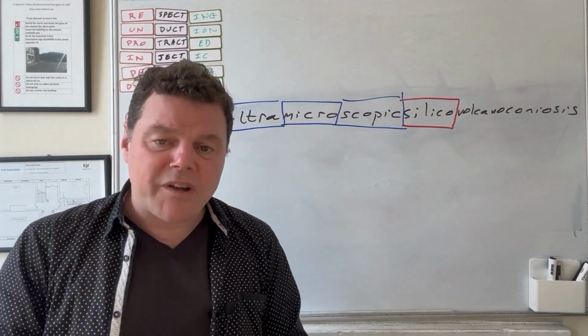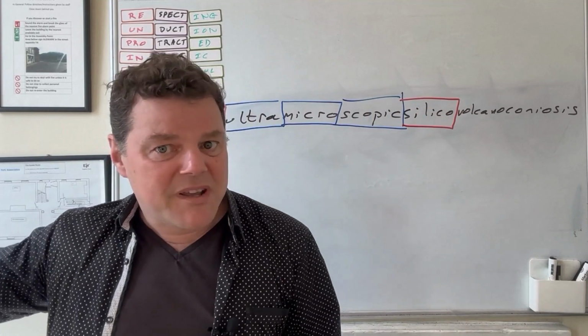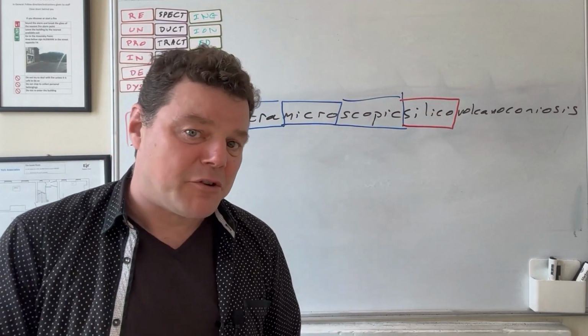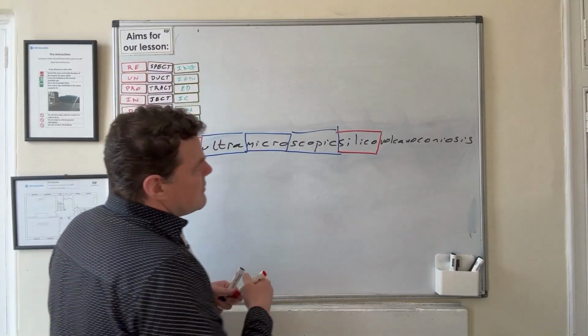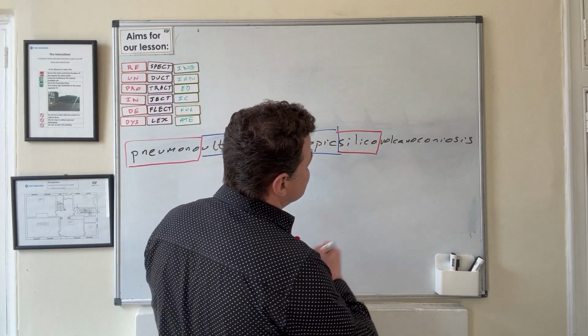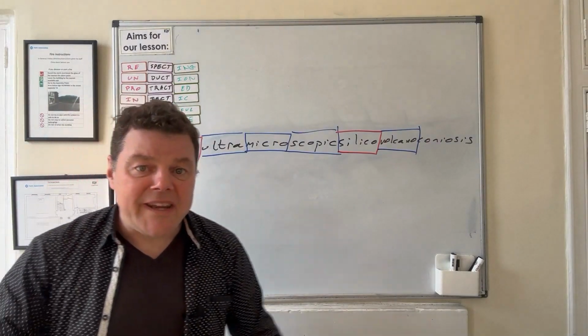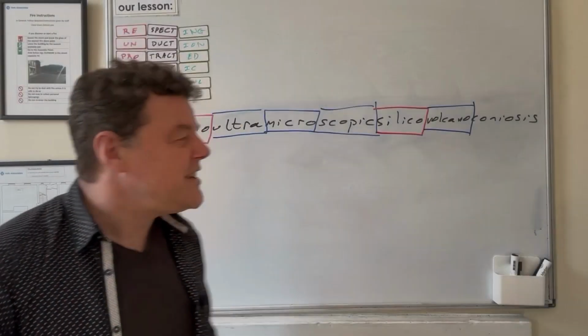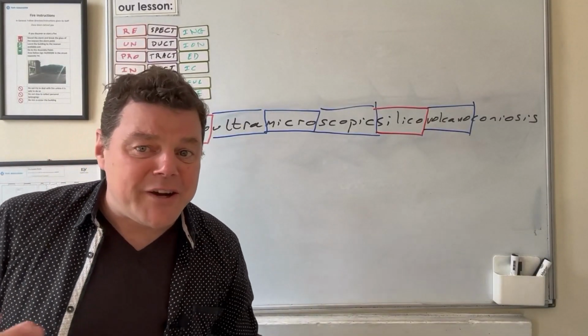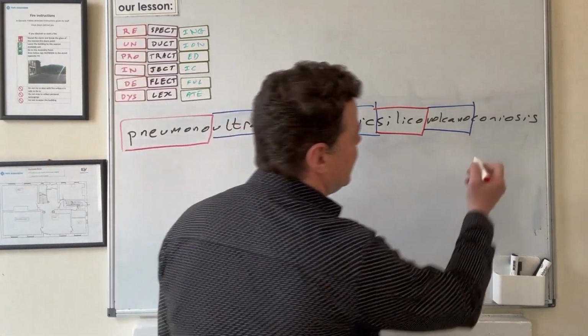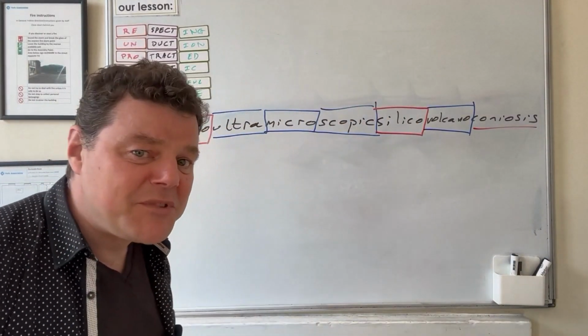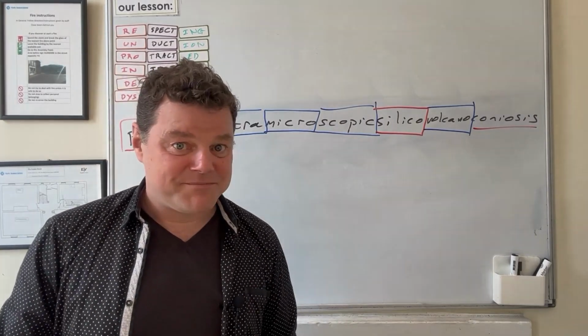Silico. Well, we get words like silicon, that which makes up windows, essentially. It's a type of mineral. Okay. Volcano. Well, okay. Volcanoes erupt. And usually when you see a word like coniosis at the end of a word, you can bet your bottom dollar that it's a medical term.